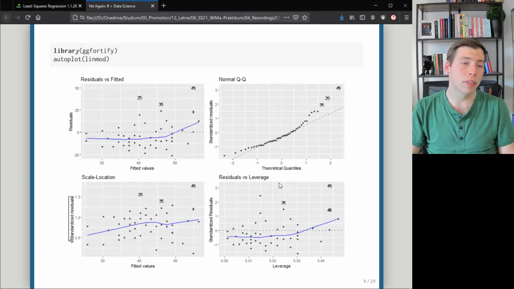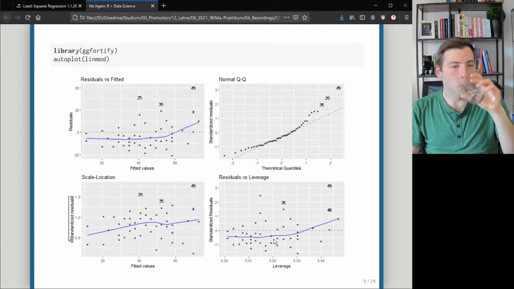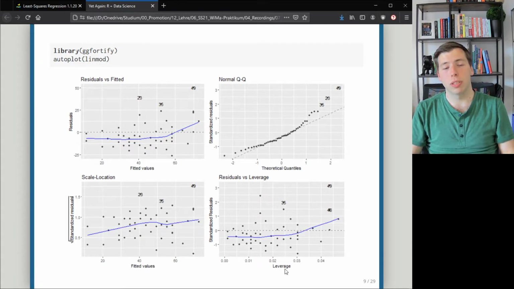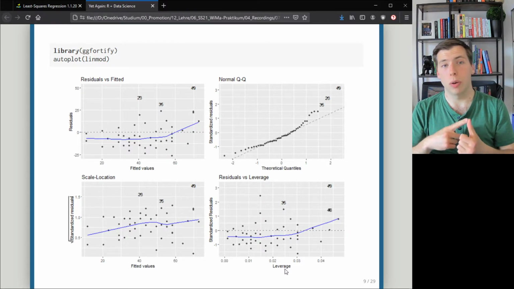And then there is this residuals versus leverage plot, which uses the standardized residuals again and plots them against something called leverage. The idea of that plot is to find so-called outliers or high leverage points.